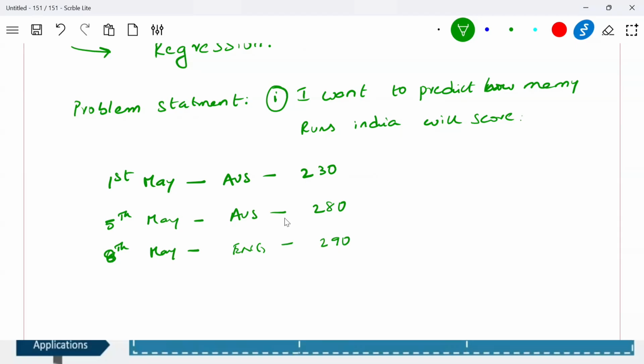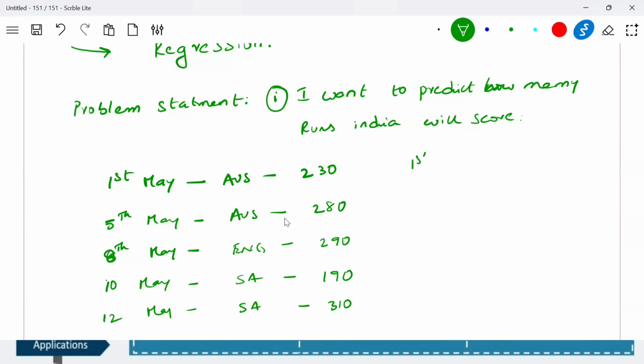On 10th May, India played against South Africa and scored 190 runs. On 12th May, India played against South Africa and scored 310.